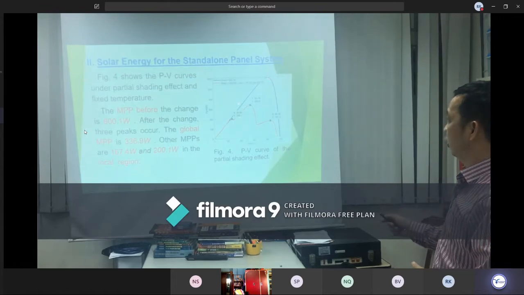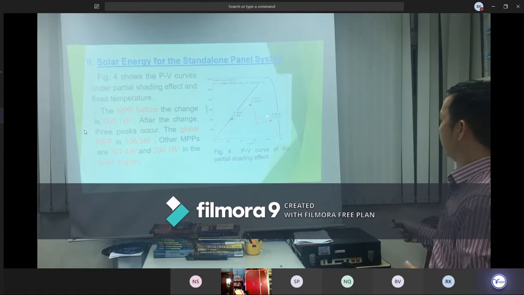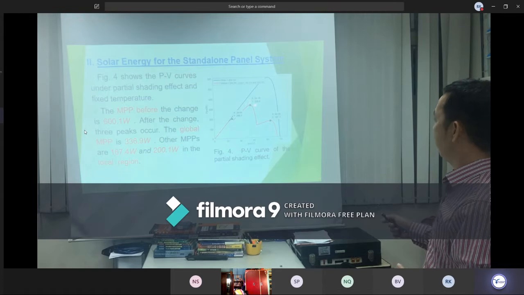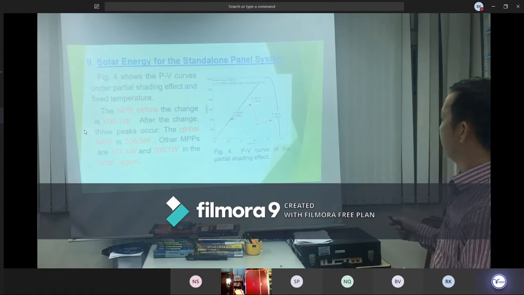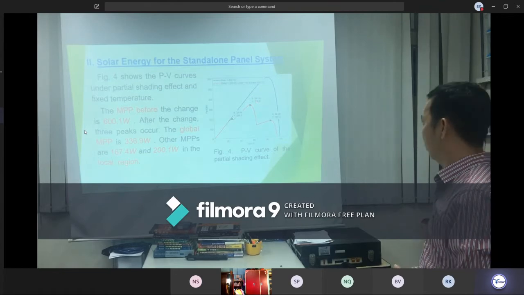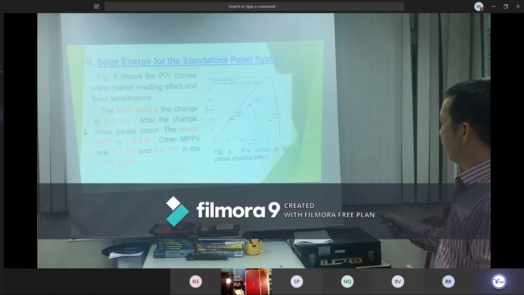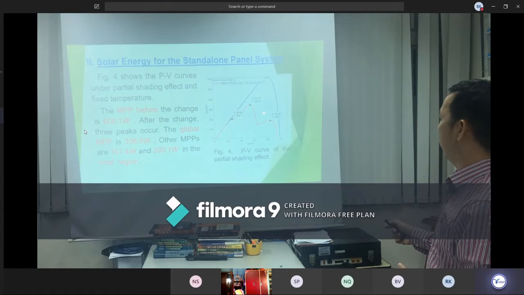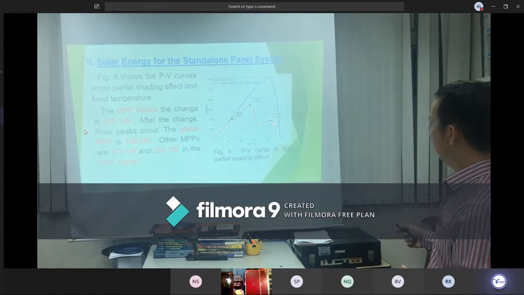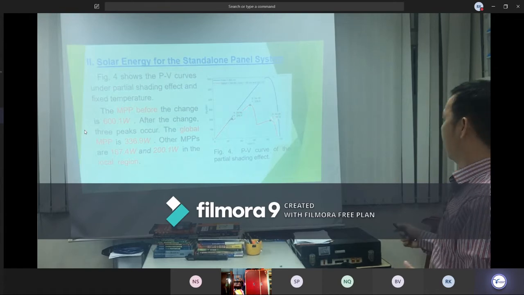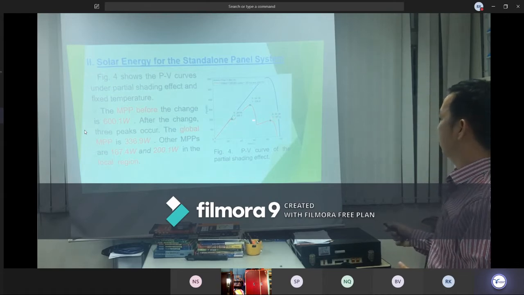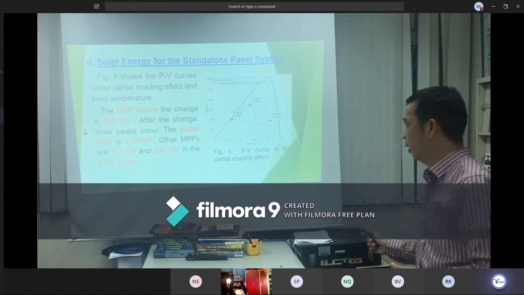After the change, three peaks are created. After that, the MPP gets 336.9 watt. Another MPP is 200.1 watt and 167.4 watt in the local region. These two peaks fall into the local region here.